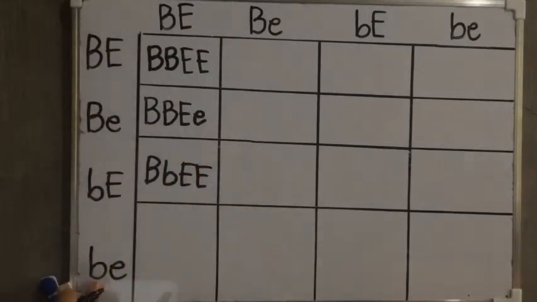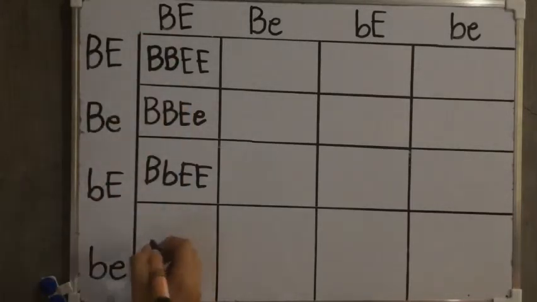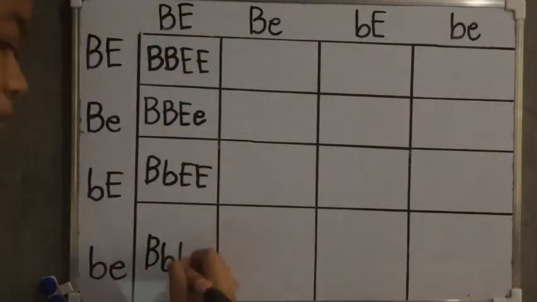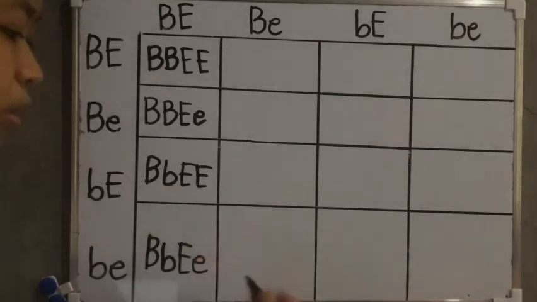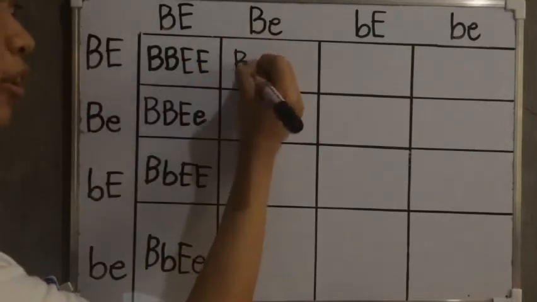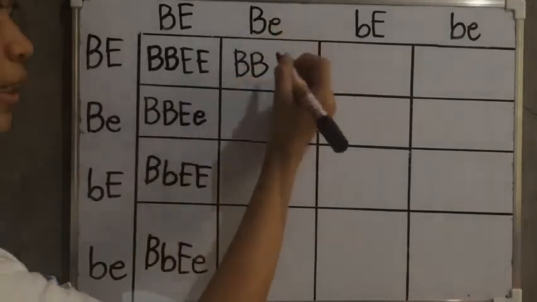Next, for the next one, we have here 1 dominant and 1 recessive. And then 1 dominant and 1 recessive. Next, for the second column, we have 2 dominant, 1 dominant and 1 recessive.